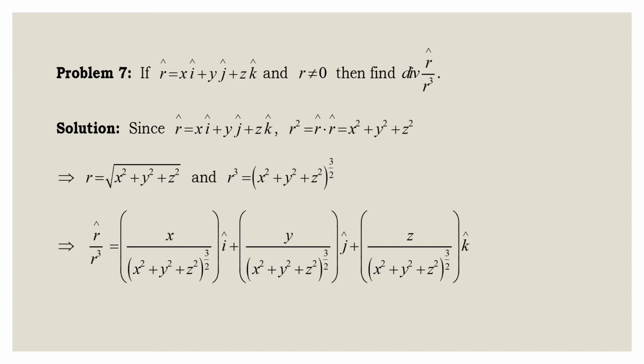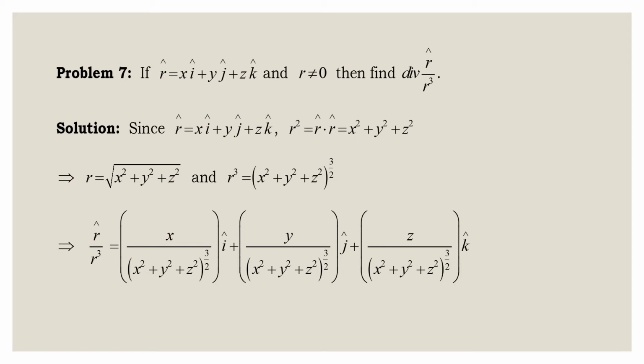So r square equals x² plus y² plus z². From this we can find the value of r. Small r is square root of x² plus y² plus z². This is nothing but the length of r cap, or norm of r cap.